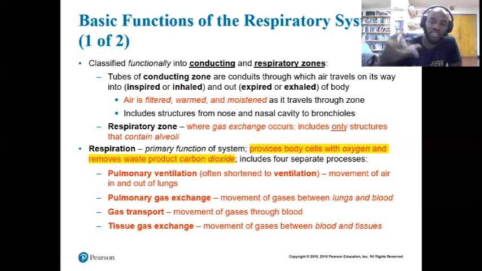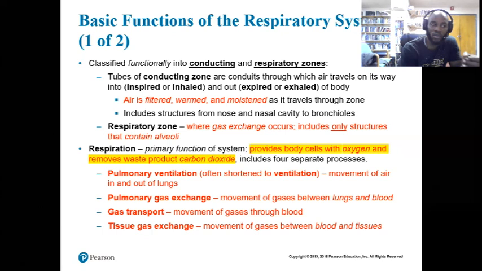So you have to breathe air in, pulmonary ventilation; exchange that oxygen to the bloodstream, and carbon dioxide to the air, which is waste that we will breathe out. That oxygen in the blood needs to travel to whatever part of the body it's going to. Remember, every part of the body needs oxygen: brain, heart, and all the different tissues in your body.